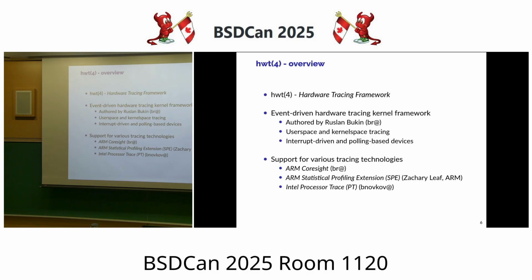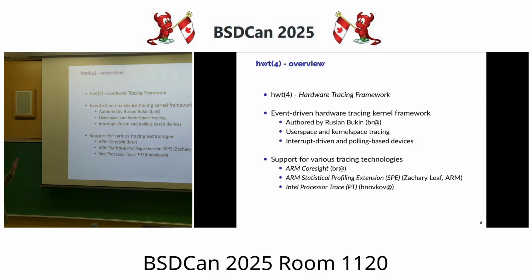It was originally authored by Ruslan Bukin as part of his effort to add support for the ARM CoreSight tracing device, obviously on ARM. It has since been extended to support other tracing technologies, and it allows end users to trace arbitrary processes, the ones that they can start, to be specific, and to trace basically any piece of code that's running in kernel space.